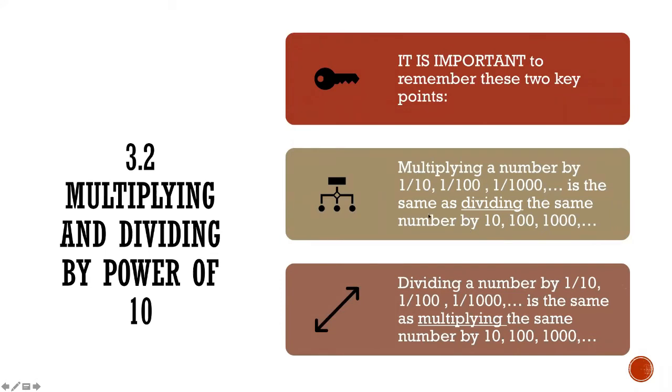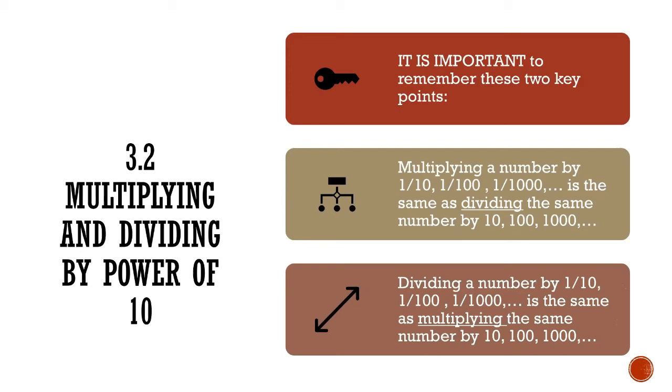If you multiply a number by 1 over 10, 1 over 100, or 1 over 1000, it is the same as dividing the number by 10, 100, and 1000.